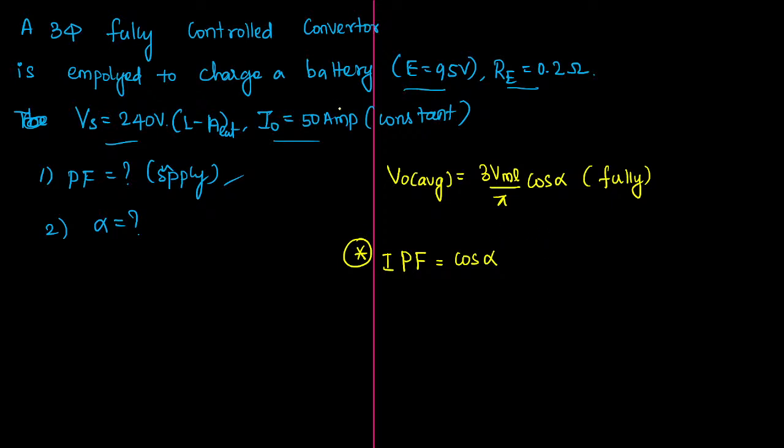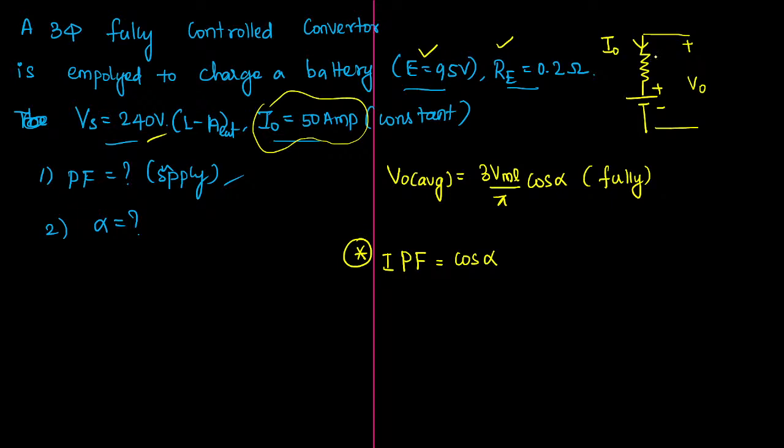Now, what has been given in the question? If you observe, the battery is given, the supply voltage is given, and the output current I naught is given. Just now I told you, if the output is an RE load, according to KCL, the total output voltage that we are measuring here is V naught, and the entering current we can consider as the output current I naught. How will you write the expression for output current I naught?